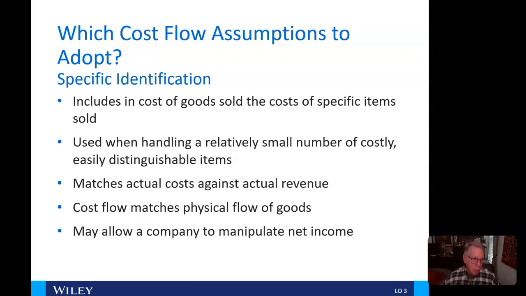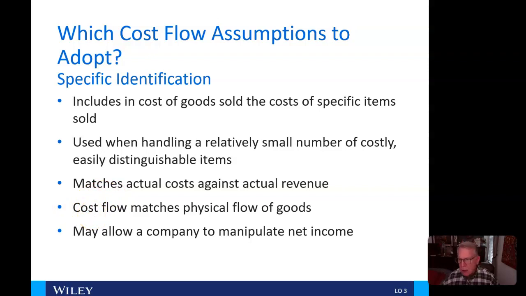And I keep the ones I didn't sell. That's used when we're handling a relatively small number of costly, easily distinguishable items, such as diamonds. It matches the actual cost against the actual revenue, and the cost flow matches the physical flow of the goods.